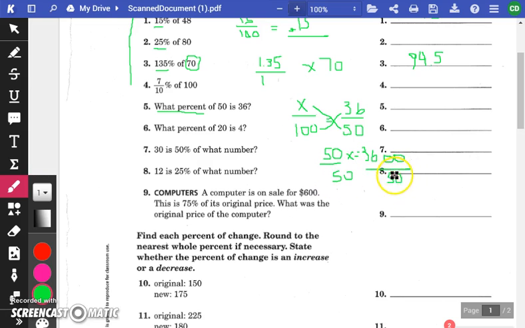Sorry about the scratch pad and the legibility. It's a little sloppy when I use a mouse to write, but once again, you will get 72 as the unknown variable, which is 72 out of 100, 72%. So 36 is 72% of 50. Okay, so once again, a few different ways of looking at these problems.